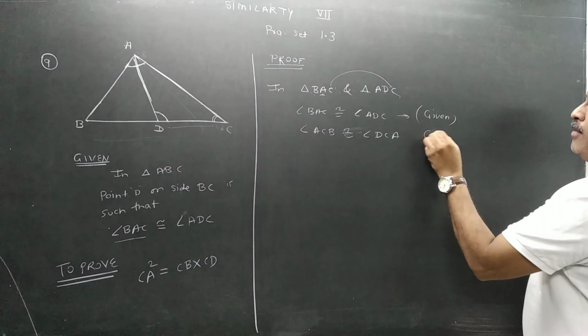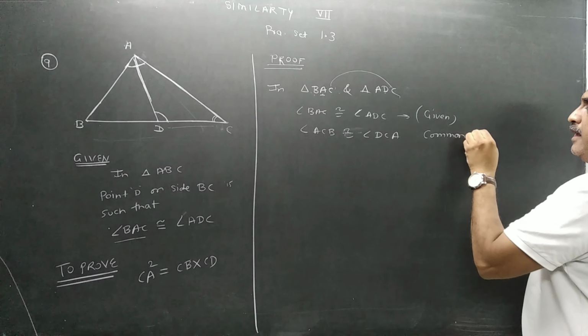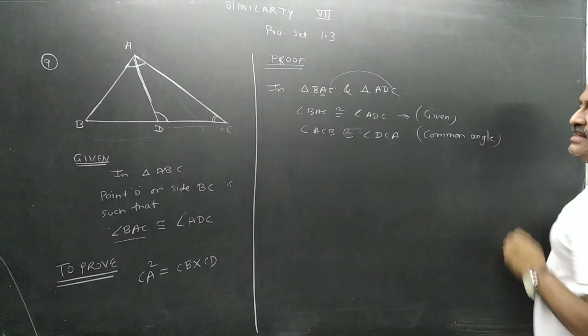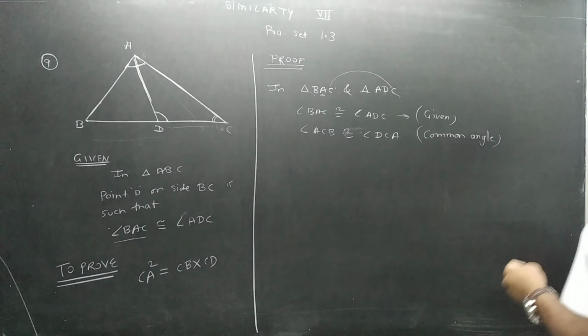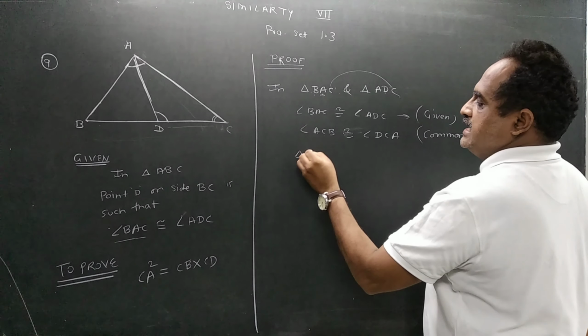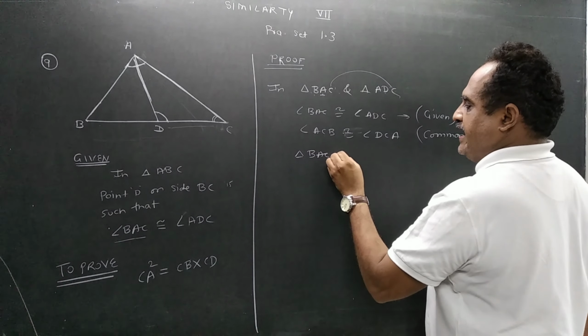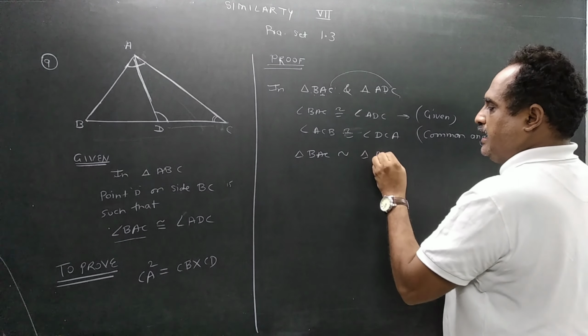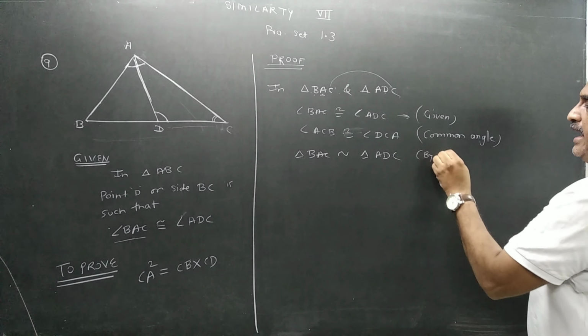Reason is common angle. Once you have taken, that is more than enough to prove that these two triangles are similar. So triangle BAC is similar to triangle ADC by AA.